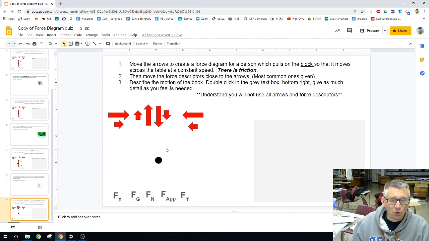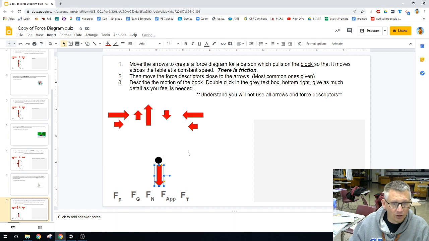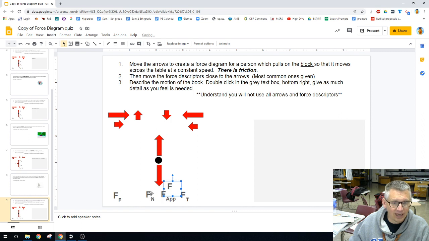Okay, so we have a force going down and a force going up, and that's going to be our gravitational force, and that is going to be our normal force. We are going to have a force to the left, and that is the rope.